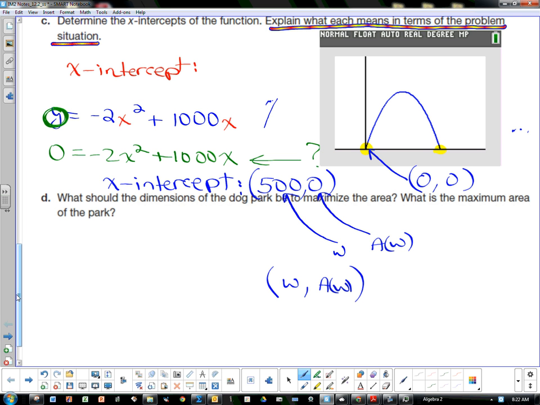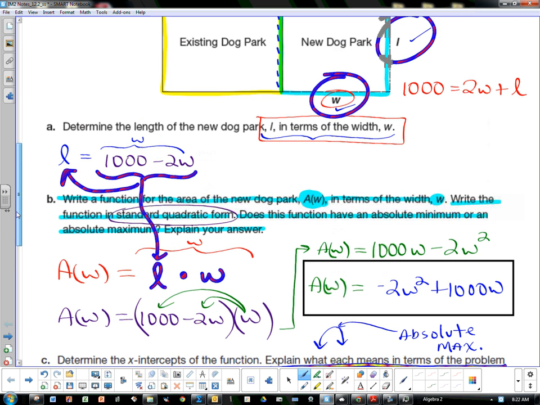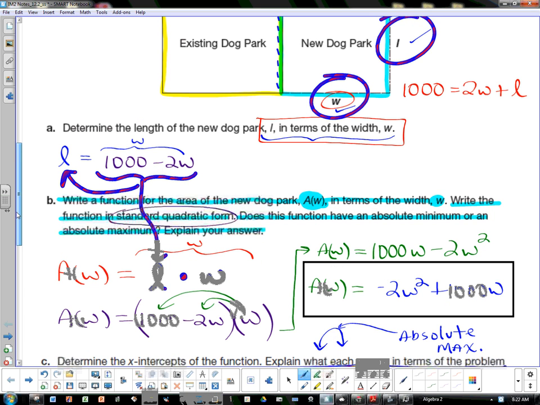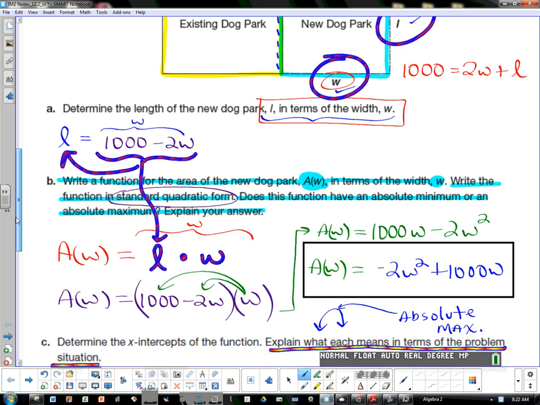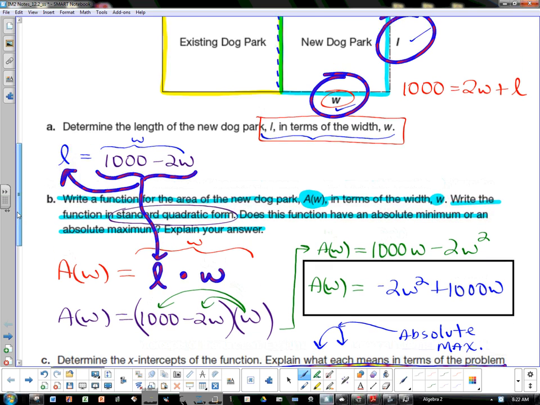Yes. And for the one that's 500, you go back to the original problem. The fencing is 1000, and there are two widths, so it'd be 500 plus 500, that'd be 1000. There'd be no more fencing to close the figure. Absolutely, yes.